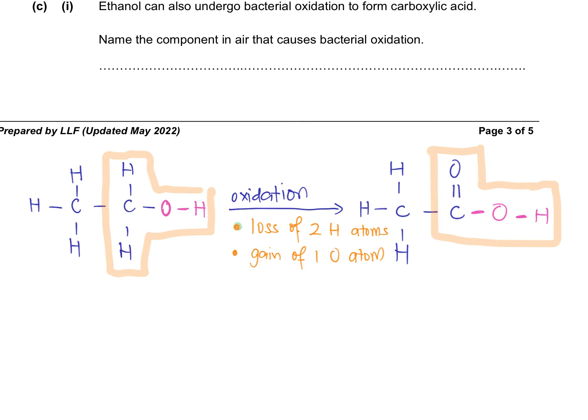Oxidation is defined as gain of oxygen, loss of hydrogen. So it speaks clearly when you compare the two structures together. This is why we say alcohol undergoes oxidation to form carboxylic acid. Follow that? Okay, so during the oxidation process, only the number of oxygen and hydrogen atoms changes. The number of carbon atoms must remain the same. Okay, so please put a note there. Number of carbon atoms must remain the same.